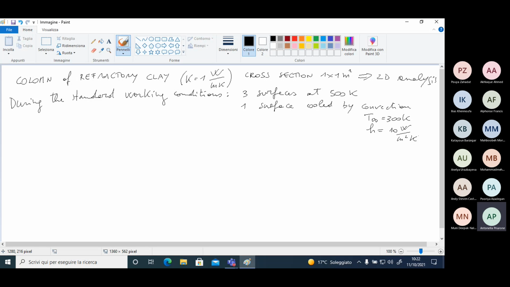In this example, I have a suggestion of the mesh. Delta X equal to delta Y equal to 0.25 meters as mesh, suggested mesh.